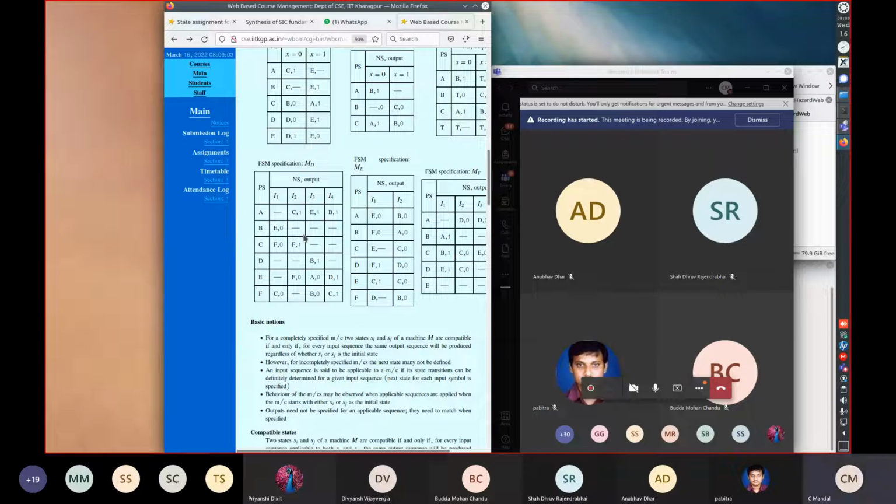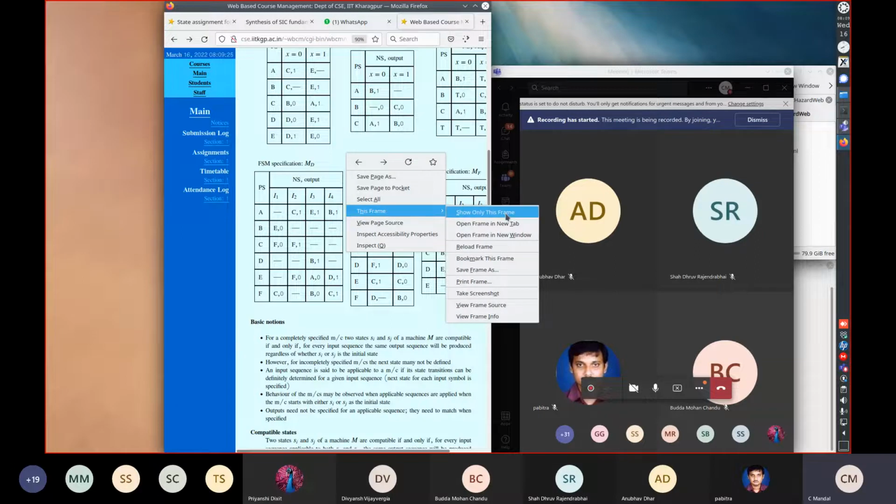and then you can also post it for us to see. Okay. So take up this machine and optimize it yourself as we had done yesterday.